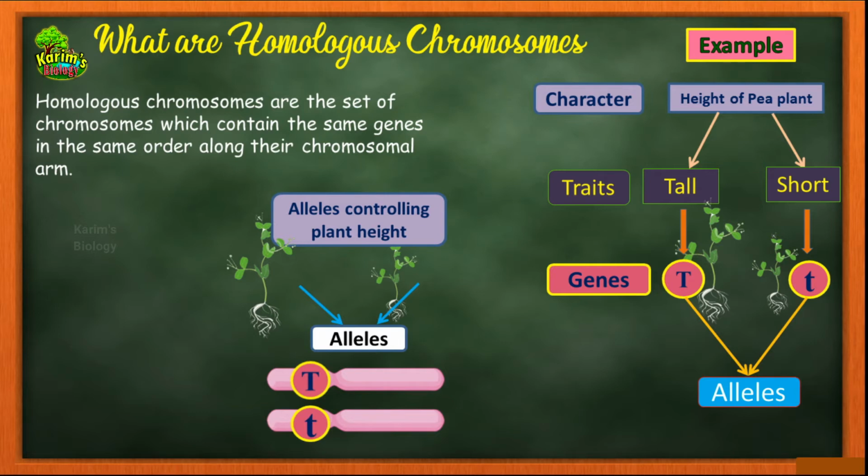So now there are two chromosomes here, and I can call these a set of chromosomes, because capital T and small t are present on two different chromosomes, and these two different alleles are governing the same character, which is height of the plant. Now as these two chromosomes contain two different versions of the same gene on the same place, I can call them homologous chromosomes.